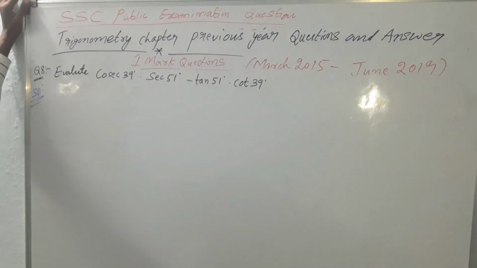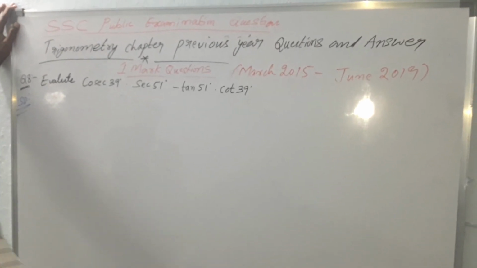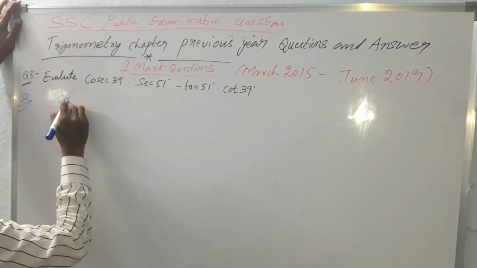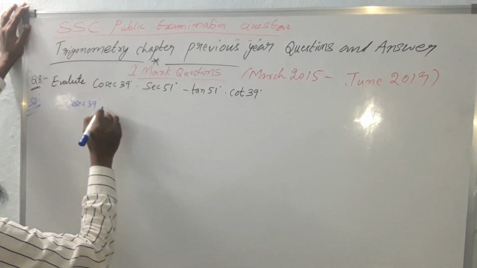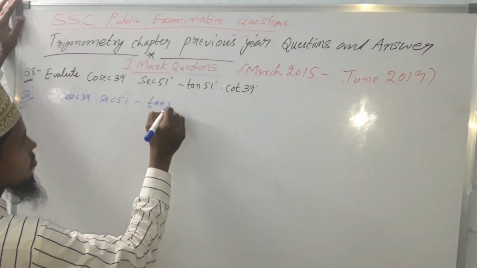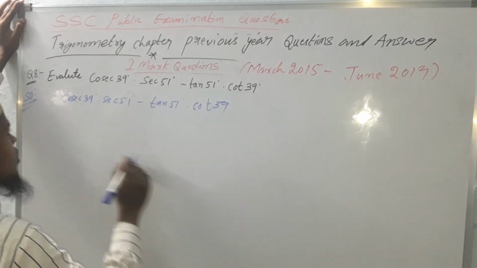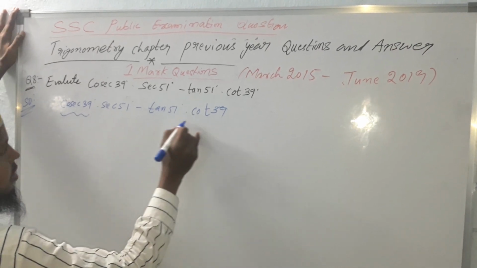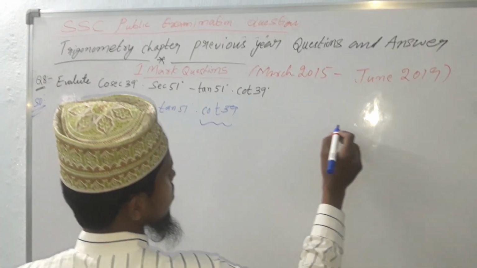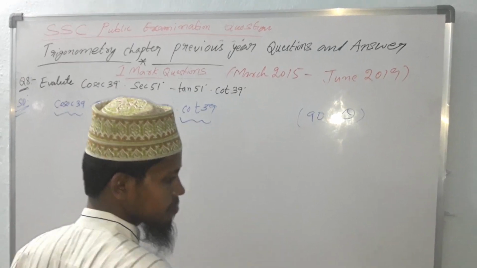From this chapter, 8th question, 1 mark, very important question. In previous examinations, it has come. Take cosec 39 degrees secant 51 degrees minus tan 51 degrees cot 39 degrees. Cosec and cot, you can change it using 90 minus theta.